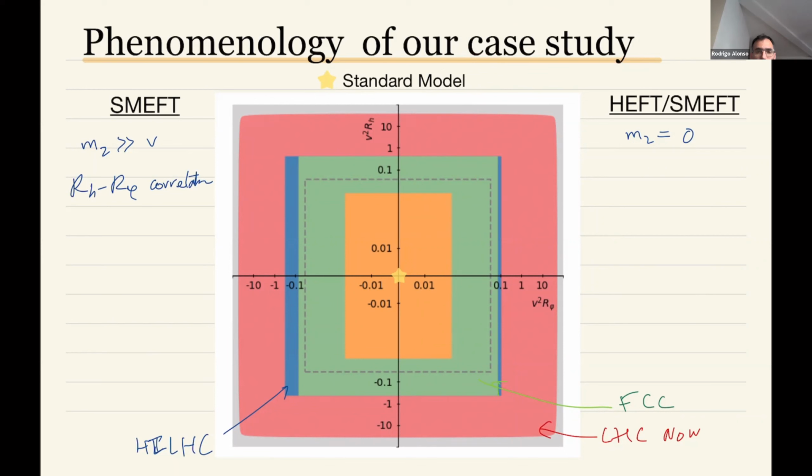Because they're correlated, that means it will be a line somewhere in this plane. What does the line look like in each of the cases? Because both cases have specific predictions for the R_h, R phi correlation. So you can, with a little skill, just draw it in both cases.